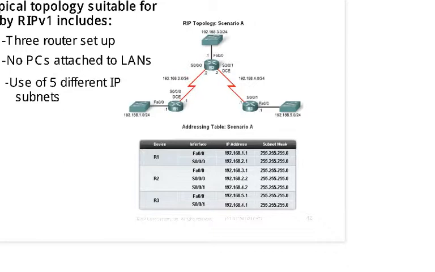Okay? So all the network is homogeneous and it uses one class. In each class, of course, we have multiple possible network addresses, right?